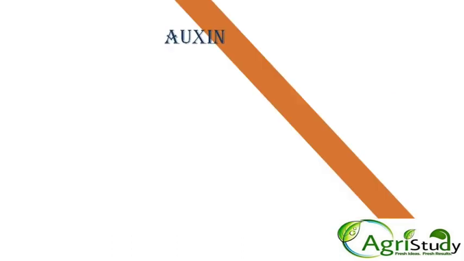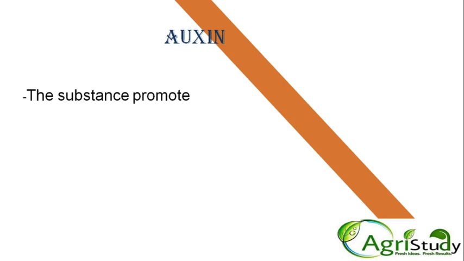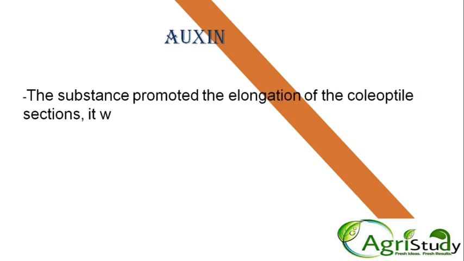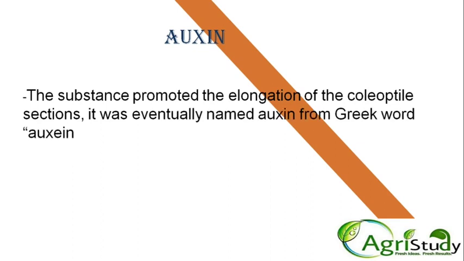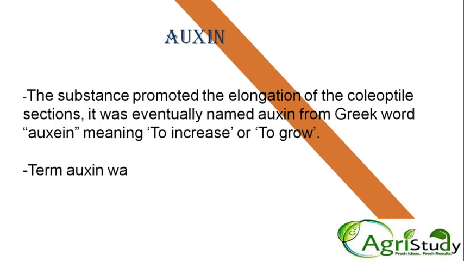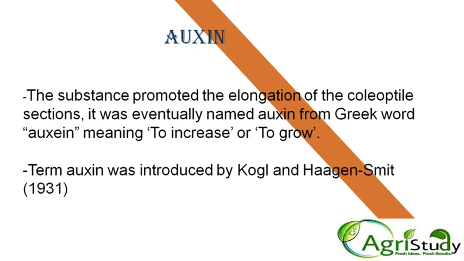Next, friends, auxin. In this class we mainly learn about auxin. What are auxins? They are substances that promote the elongation of the coleoptile section. It was eventually named auxin from the Greek word auxein, meaning to increase or to grow. These were first discovered on the coleoptile by Charles Darwin and his son Francis Darwin.